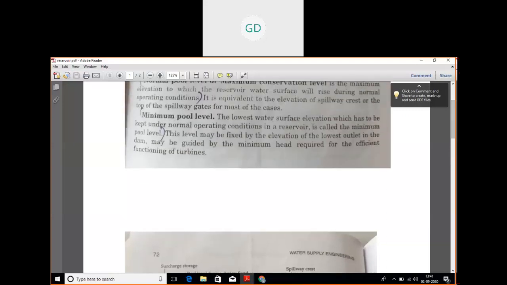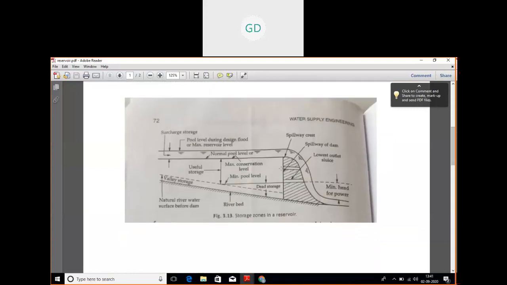Next is your minimum pool level, the lowest water surface elevation which has to be kept under normal operating conditions. In this diagram, this part is your minimum pool level. That means in that reservoir, this much water should be stored.